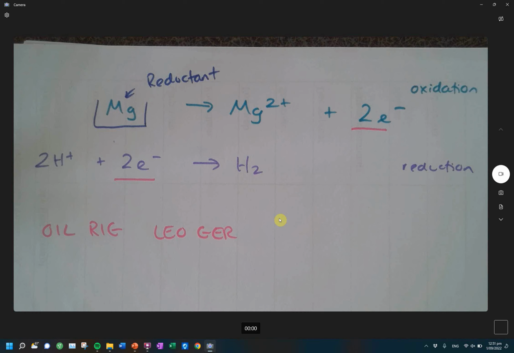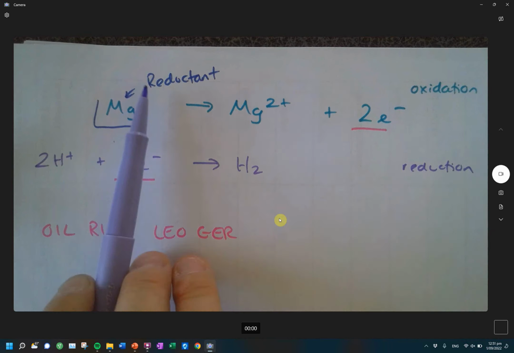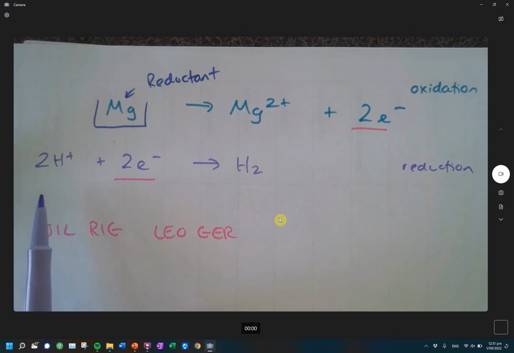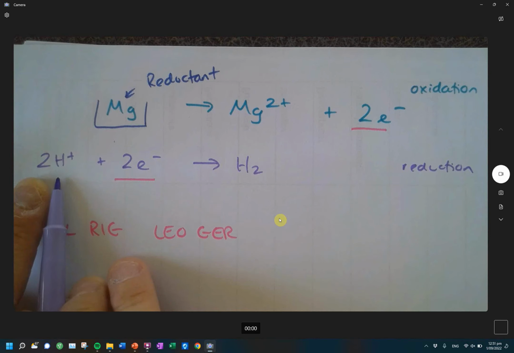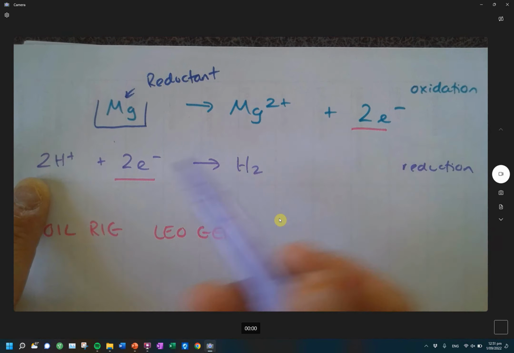I know, I didn't write this, all right? I wasn't the person that decided this vocabulary. Because we're talking about what it's doing to the other half of the equation. So magnesium is the reductant because it is reducing the hydrogen. Okay? Hydrogen, on the other hand, it's accepting those electrons. It's taking them away from the magnesium.